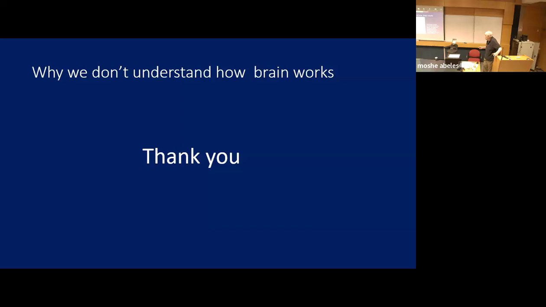You can think that in each synfire chain, there could be several waves going one after the other. If you have one synfire chain for this direction and one synfire chain for this direction, you can think that if something is in between, you get fewer waves in both chains.